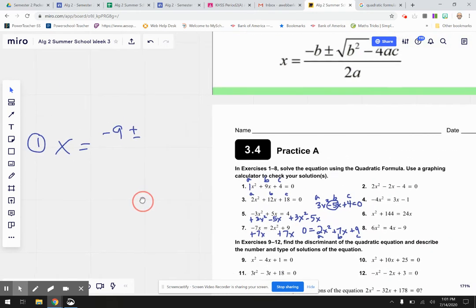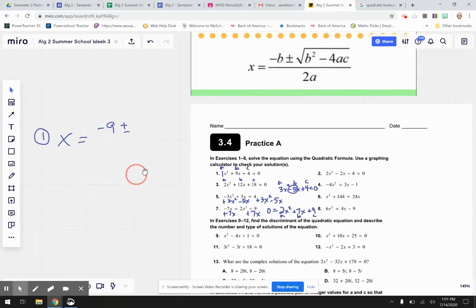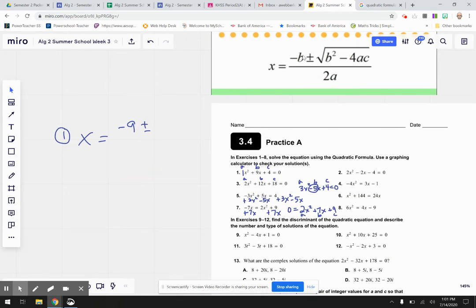Let me keep the formula there too so you can see both at the same time. So it's the opposite of b plus or minus the square root of b squared. Now b is 9, so 9 squared minus 4 times a. A is 1, and c is 4. And that's all under the square root, and then the whole thing is going to be over 2 times a, 2 times 1.